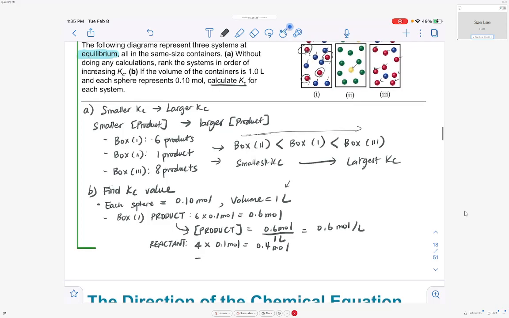Okay, so the concentration of reactant is going to be 0.4 mole divided by 1 liter. That's 0.4 mole per liter. Okay, so now we have the equilibrium concentration of product and reactant.